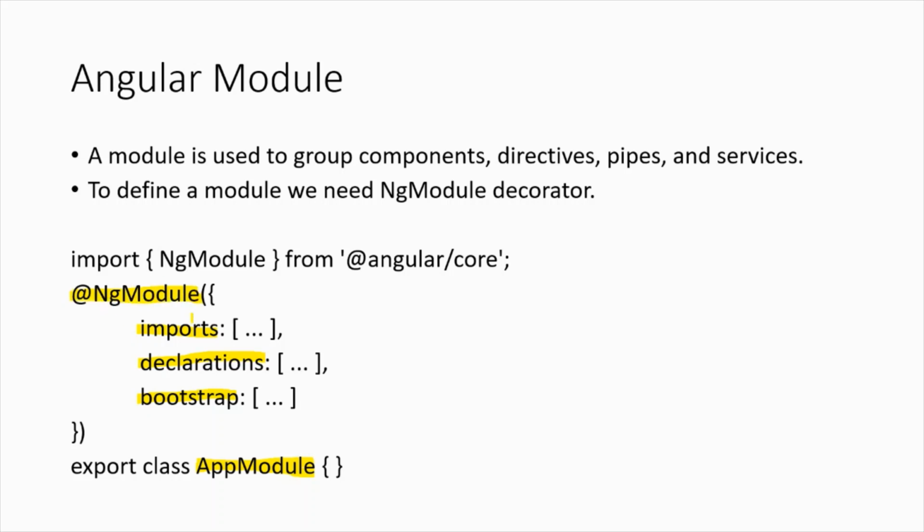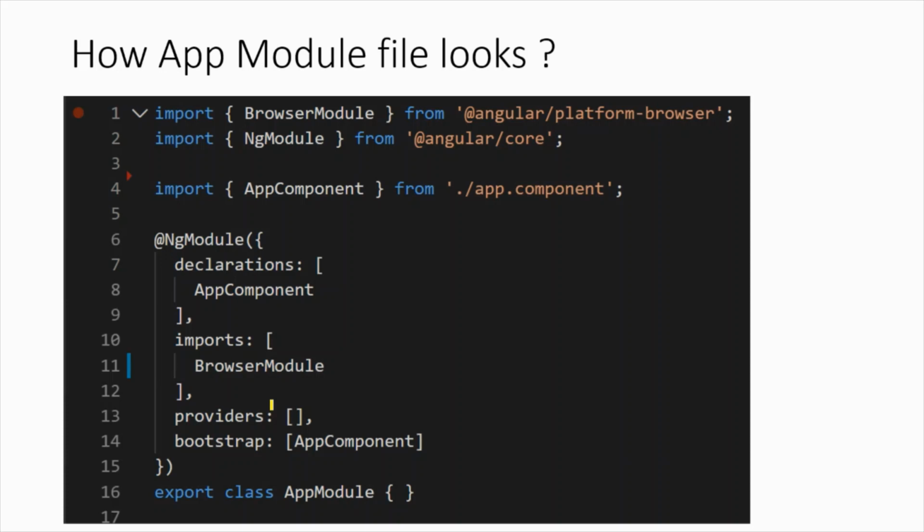Now we will discuss all these imports, declarations, and bootstrap in more detail. So this is how this app module file looks. We can see that we have this ngModule decorator, and it contains this metadata: declarations, imports, providers, and bootstrap. These all are array type.